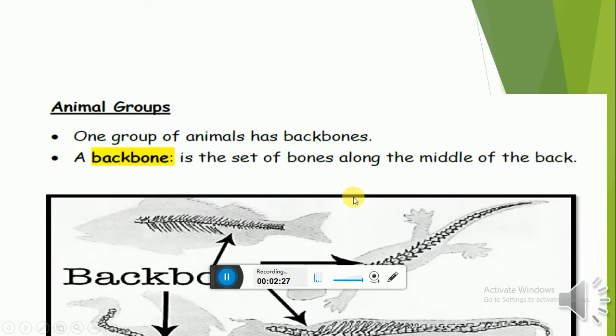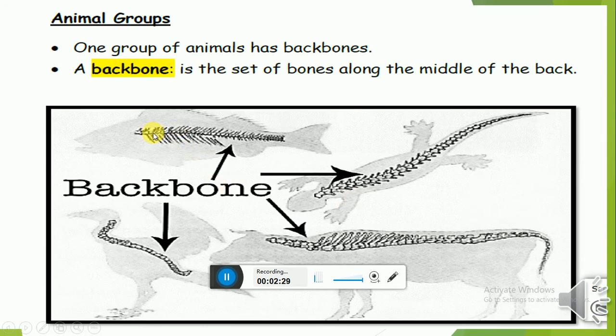What is backbone? Backbone is, as you see, like this set of bones in the middle of the back. This set of bones in the middle of the back of the fish, birds, cows, lizard, even us. We have backbone.